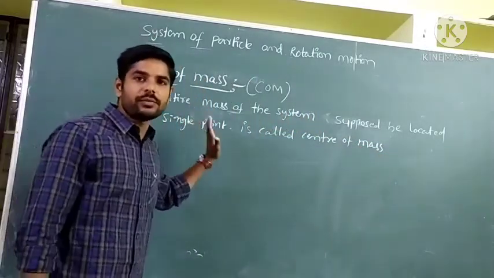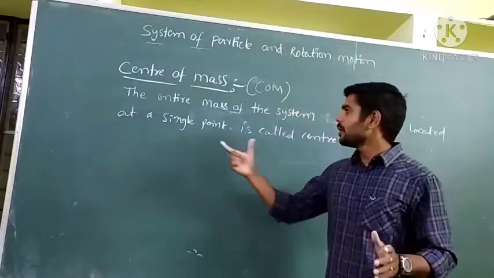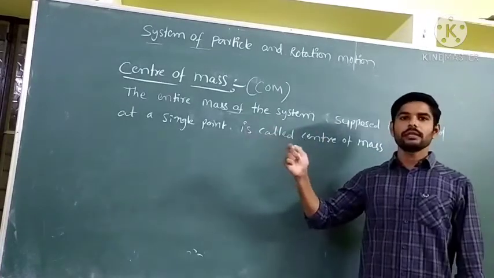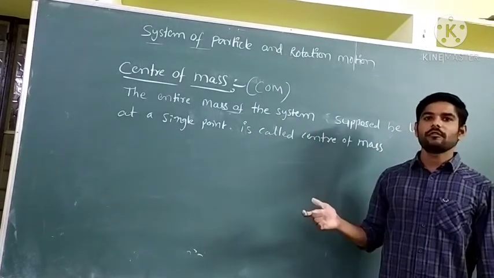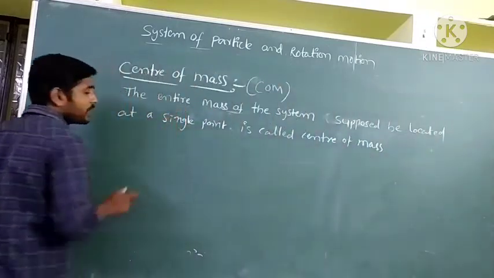If we take any system or any body, the entire mass of the body is supposed to be located at a single point. That point is called center of mass. The major important topic is center of mass.